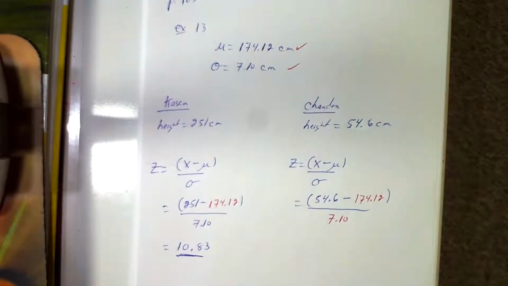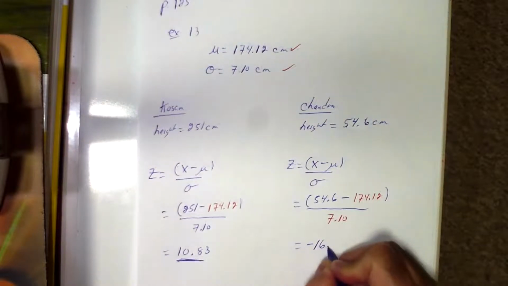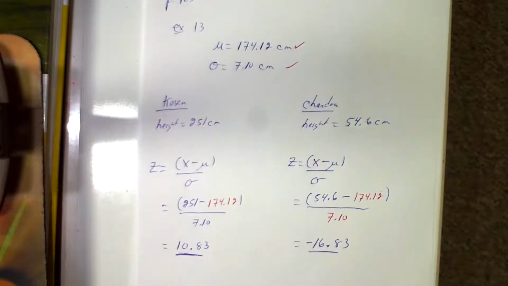I'm going to put it in my calculator: 54.6 minus 174.12 divided by 7.10. His ends up being negative 16.83.